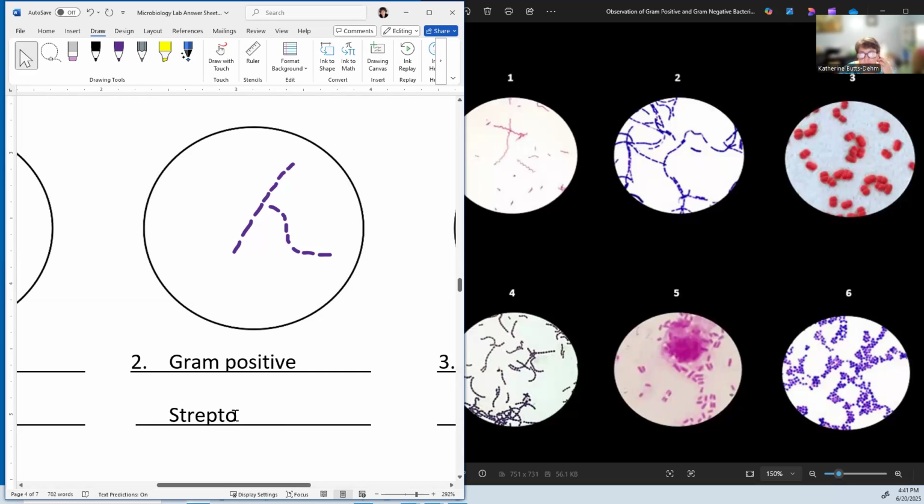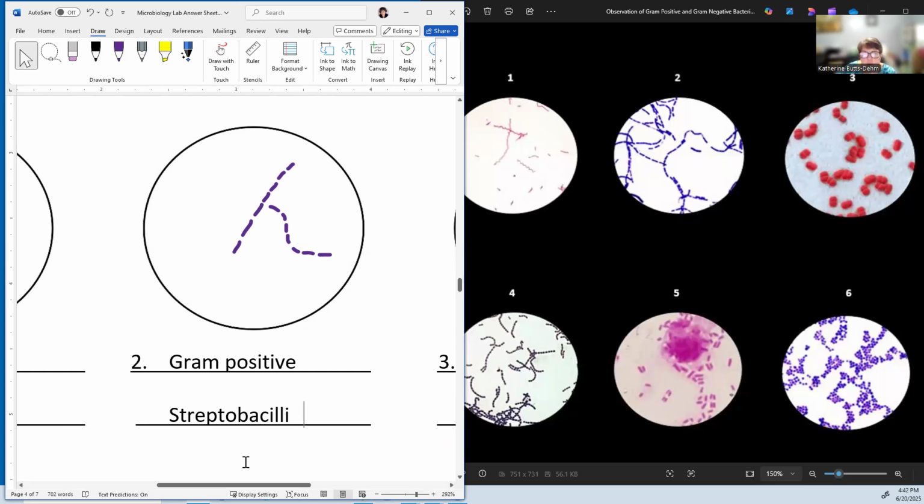But there you go, strepto. And then the shape of these are rods. A rod is bacillus, but plural is bacilli. So streptobacilli, some people pronounce it bacilli. So gram positive for the purple, strepto for the chains, and bacilli, or sometimes I just say streptobacillus bacteria because I'm more comfortable. But that's how you do that.